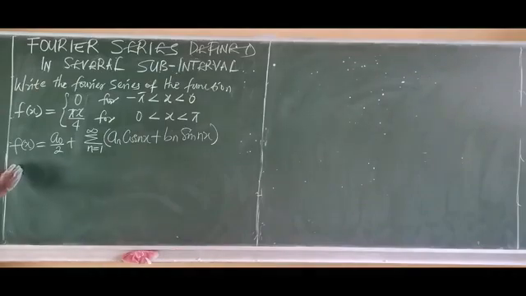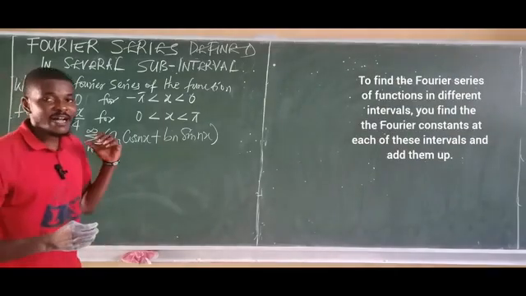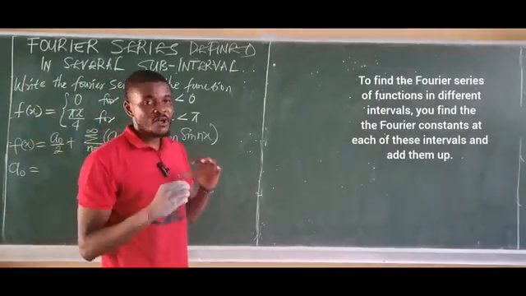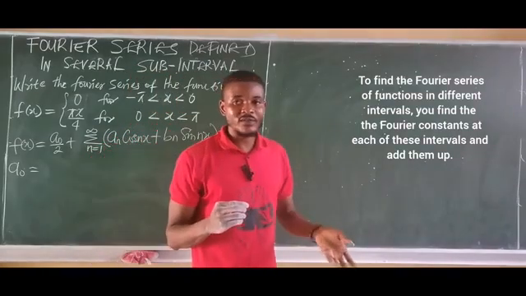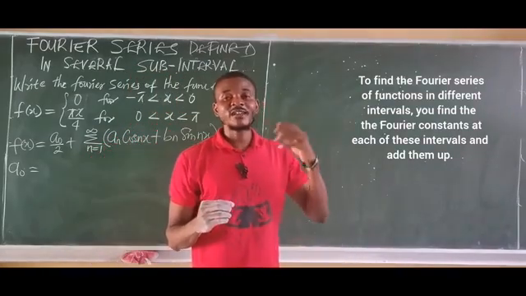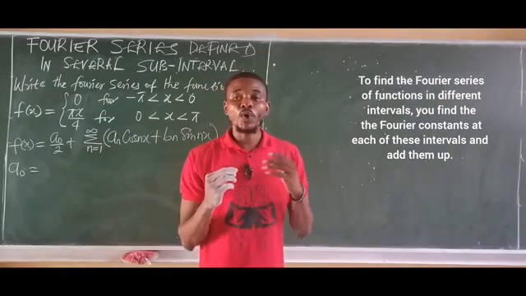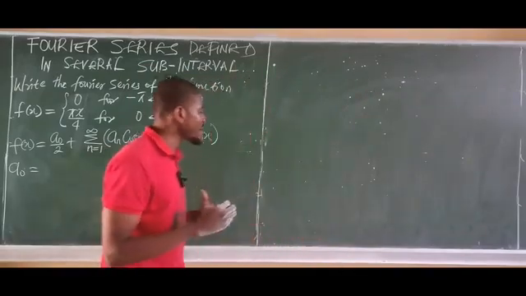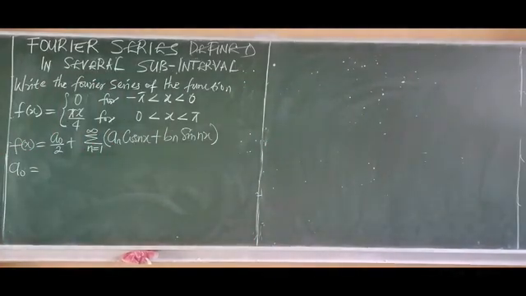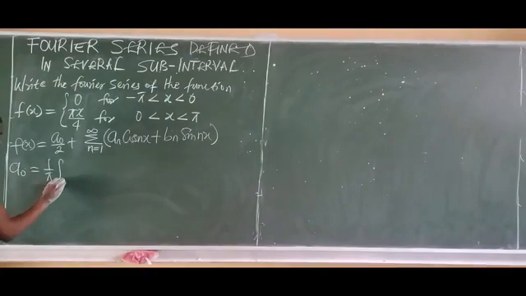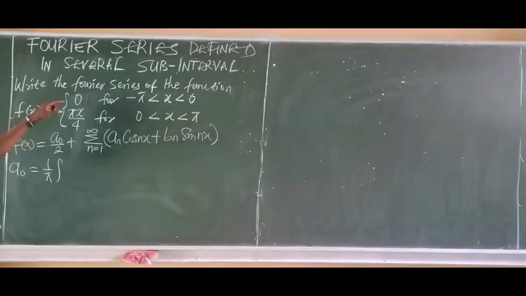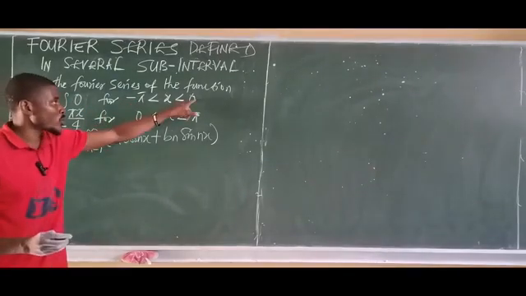So let's start by solving for a naught. I said when the function is defined in different subintervals and you're required to find the Fourier series, all you need to do is find the Fourier constants of each of these functions at their different subintervals, then add them all up together. In this case, I need to find a naught. Of course, a naught is 1 all over pi integral. The very first subinterval is from minus pi to 0.